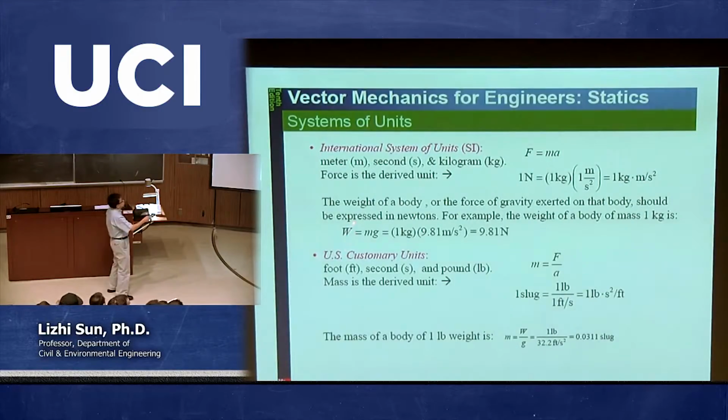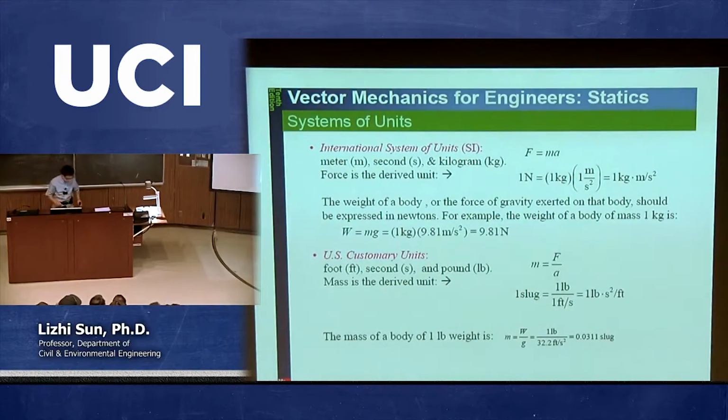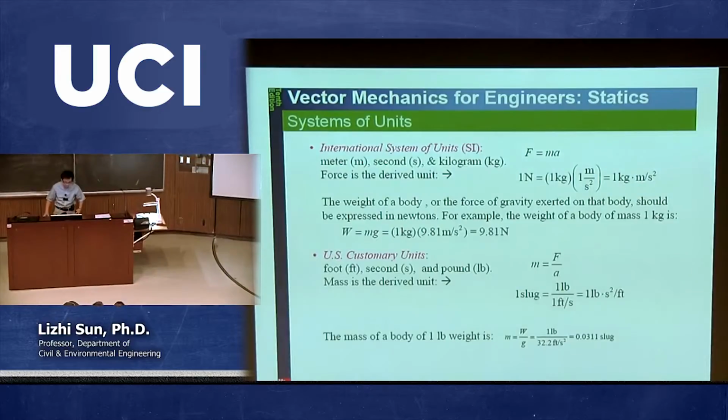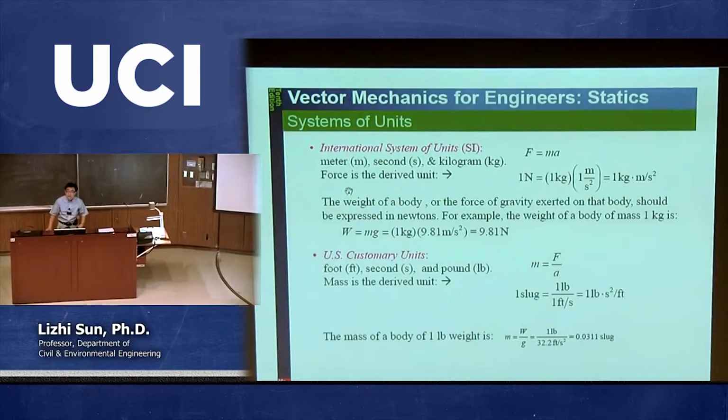If you want to treat the self-weight as a force, then you need to multiply with 9.81. But for the U.S. system, you don't need to, because the self-weight is in terms of pounds, and pound itself is the unit for force. So that's why you don't need to. That's only for international units. Okay, so there will be no questions from chapter 1 directly, but these are the concepts you'll probably need to implement into any questions you are asked to solve. Okay? Any questions?